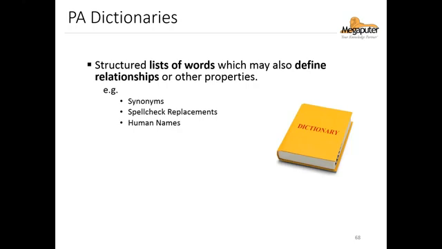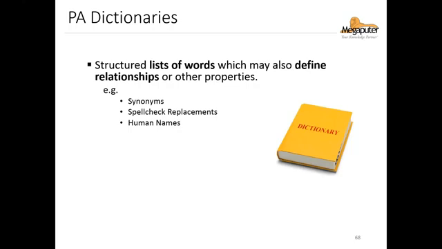So when we talk about dictionaries in PolyAnalyst, we're referring to these structured lists of words or phrases. Some dictionaries define word relationships in a hierarchical organization. For example, synonyms, hypernyms, hyponyms.